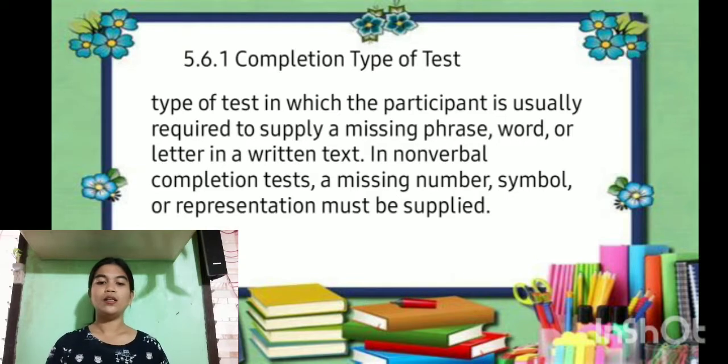The possible construct of the completion type of test is ordered thinking, as in the following examples. First example: write an appropriate synonym for each of the following.